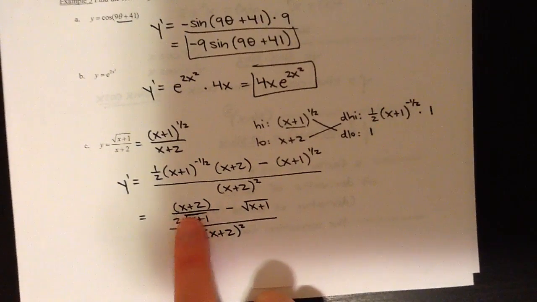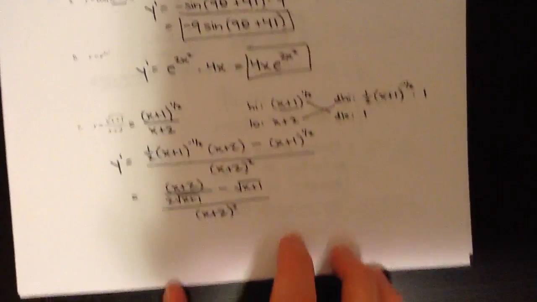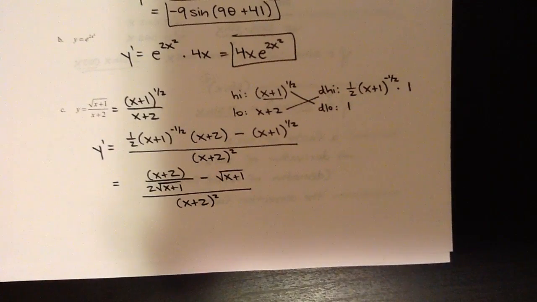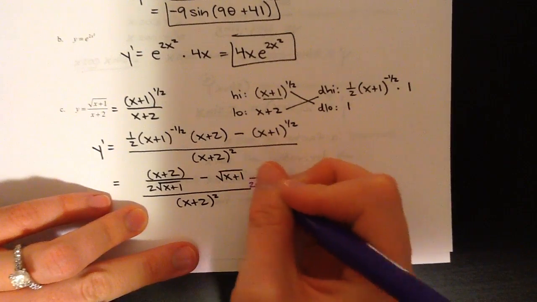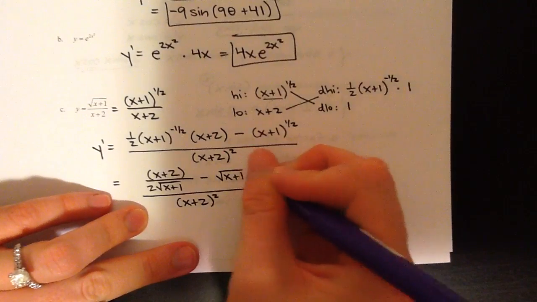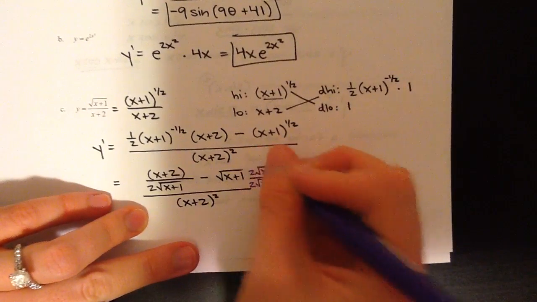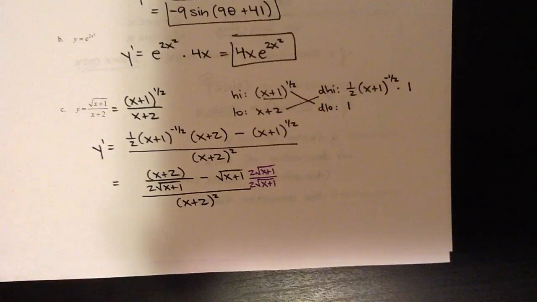This guy right here, we need to get a common denominator in the numerator so we can combine them up. So starting with this piece, the root x plus 1, I want to give this a denominator of 2 times the square root of x plus 1. So multiply top and bottom, so I can at least combine those two up.